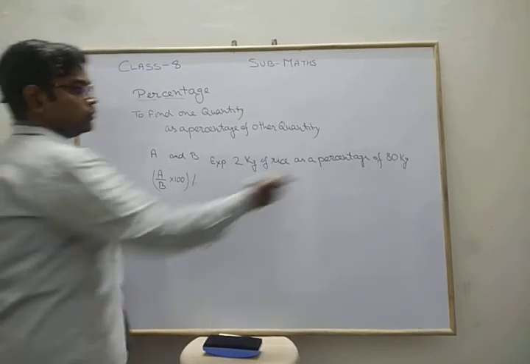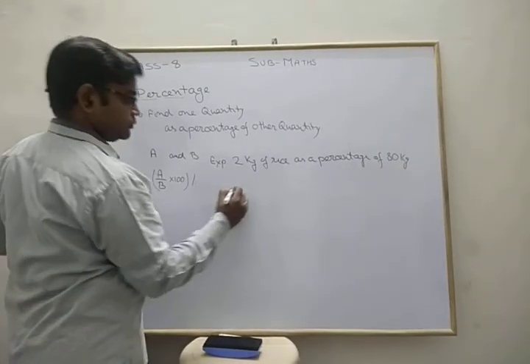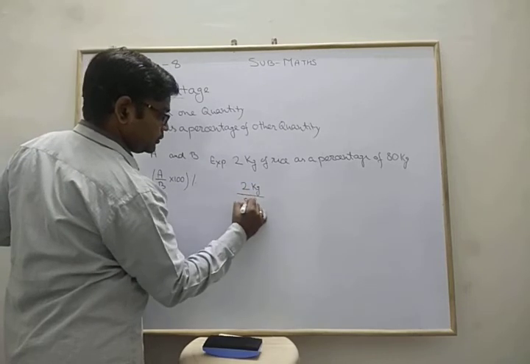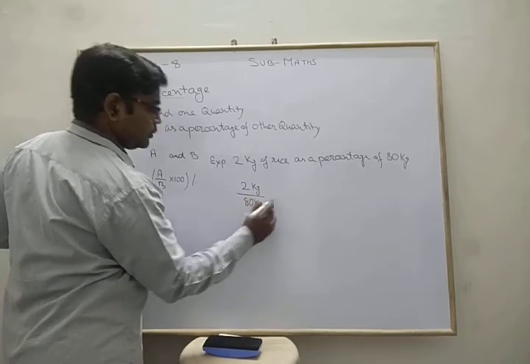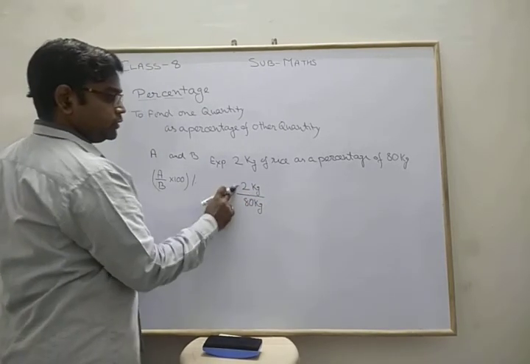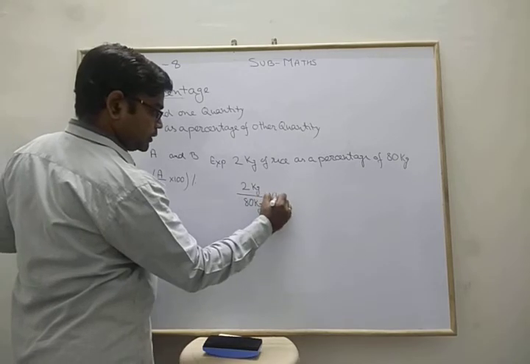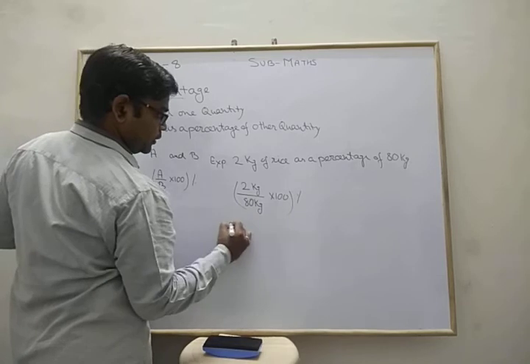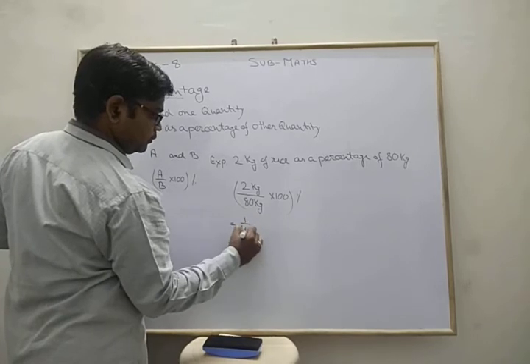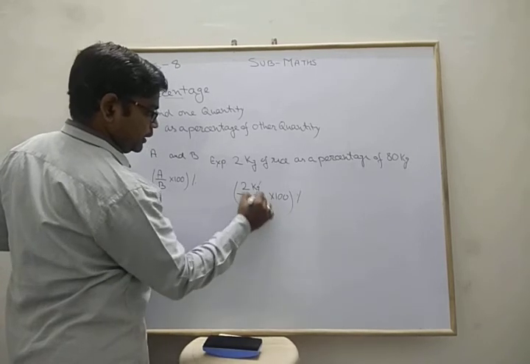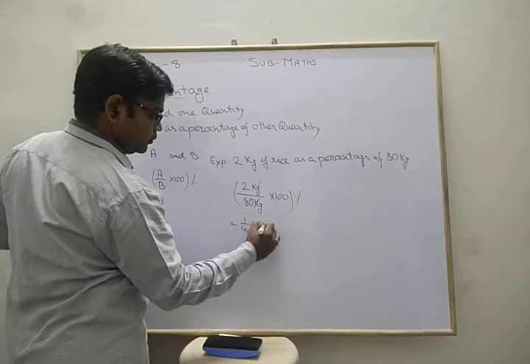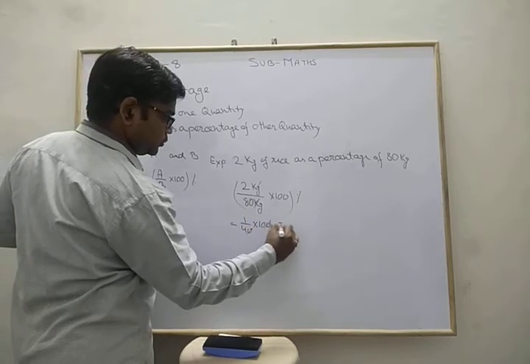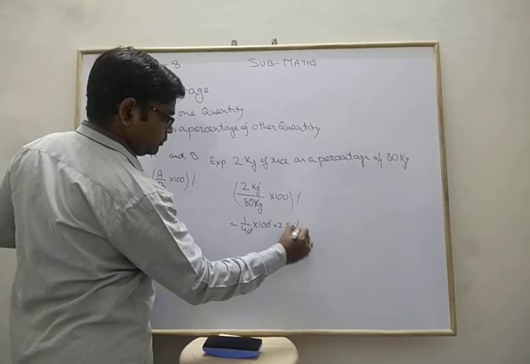What do we do? Out of 80 kg we have 2 kg. So out of 100, this is the percentage. It equals 2 upon 80 into 100, which is 1 upon 40 into 100, so it's about 2.5%.